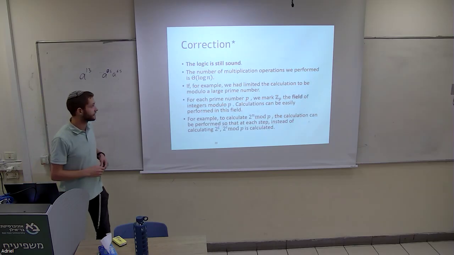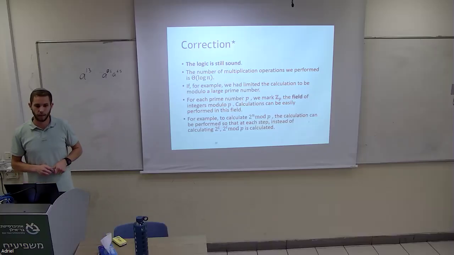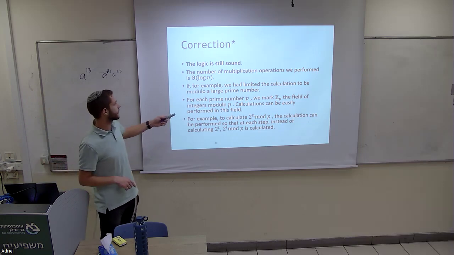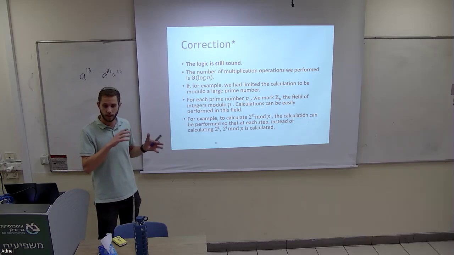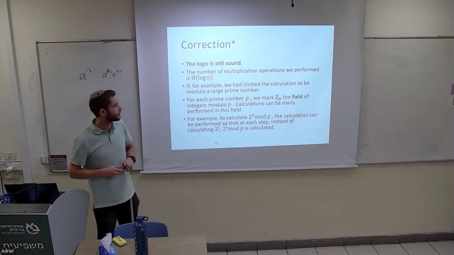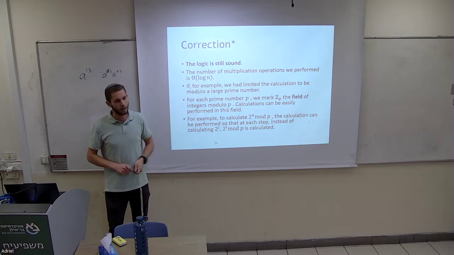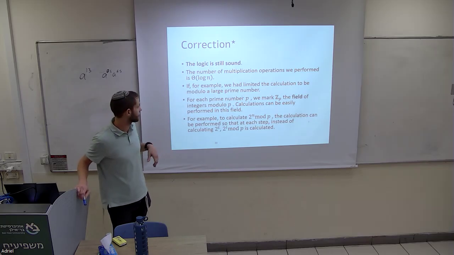That was completely correct, but now we're going to change the problem a little bit, and it'll fix everything. There's a difference between the number of operations we do and the runtime. The number of operations is still theta of log n, but the runtime depends on the size of the input and output.